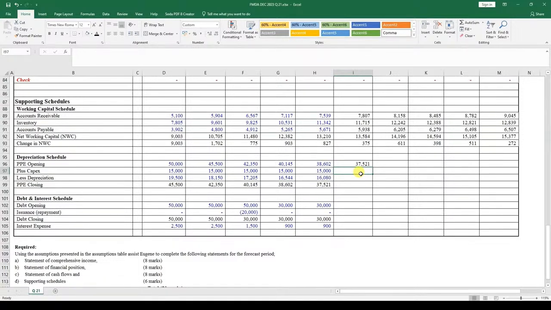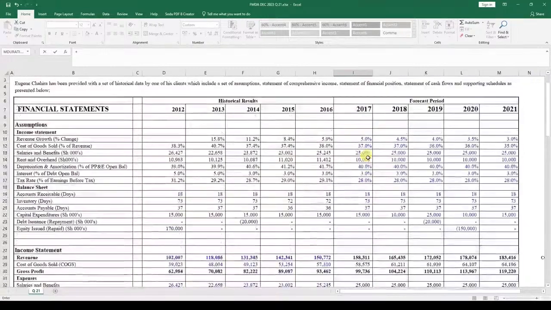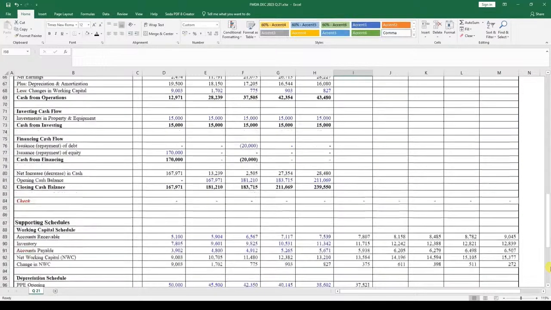Outflow of cash, maybe to invest in new machines, new equipment, so forth. And we will link this with the assumptions section. This one here. And we are saying that the capex, capital expenditures over here, is given to us there. So we link it with that and we press enter.